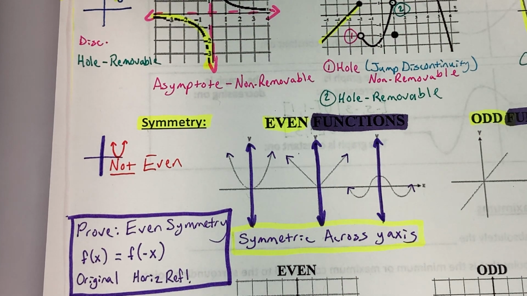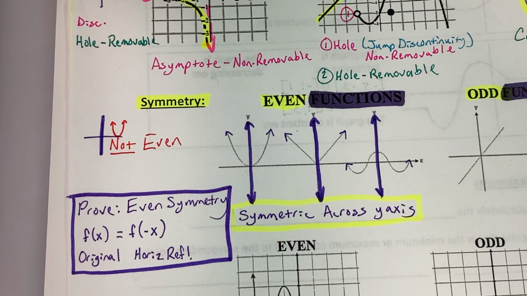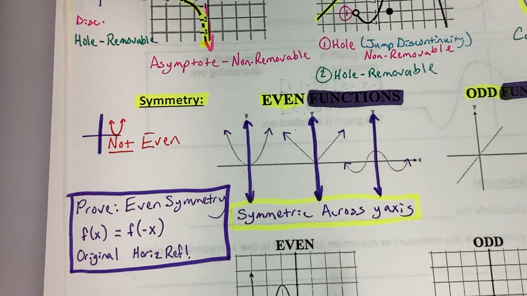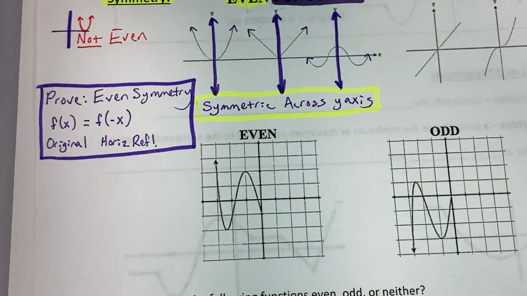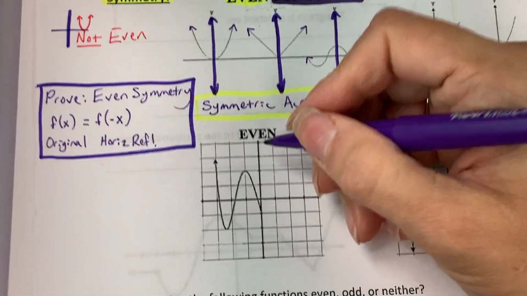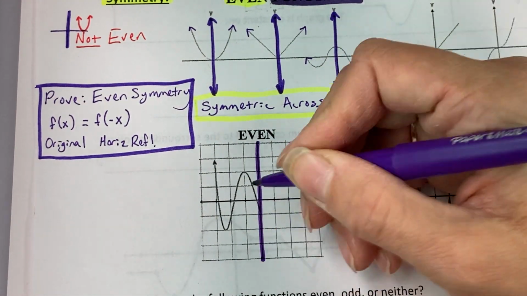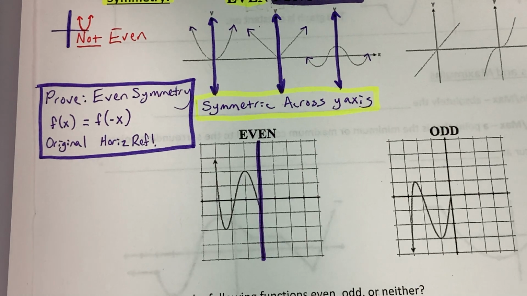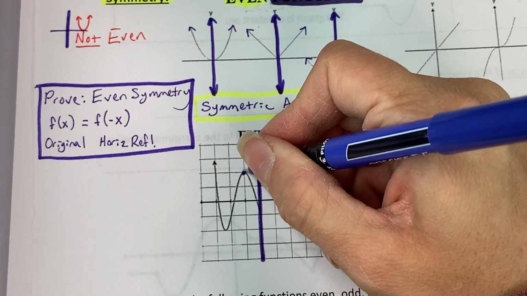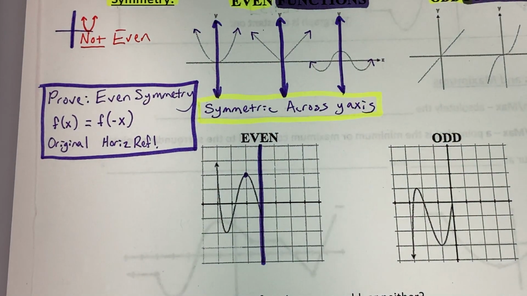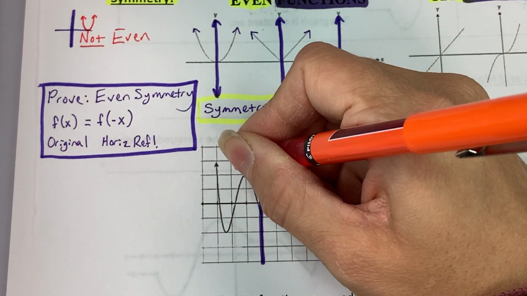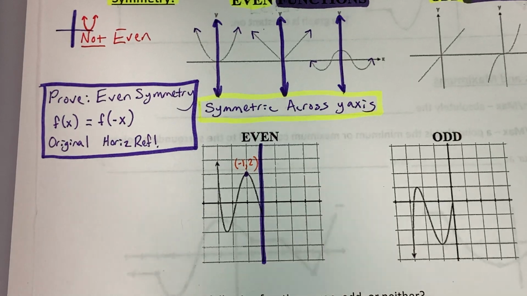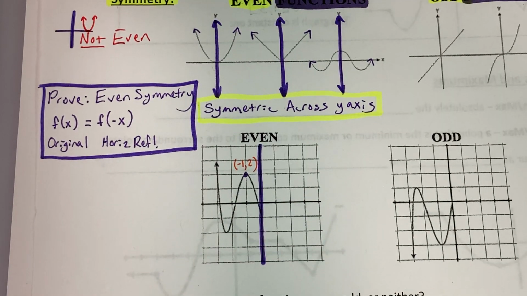So let's go ahead and just take a look at this graph down here, and we're going to see what this graph would look like if it has even symmetry. If it's even, that means it has to be the same across the y-axis. So this point over here at -1, 2 would also be on the other side of the axis.